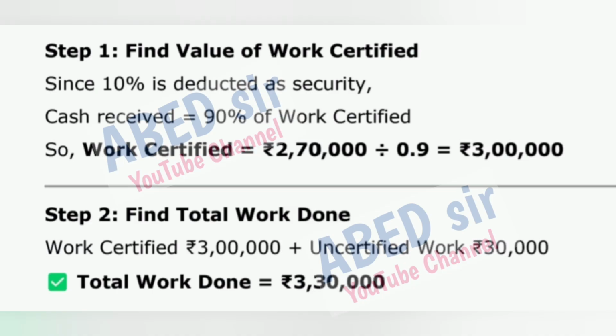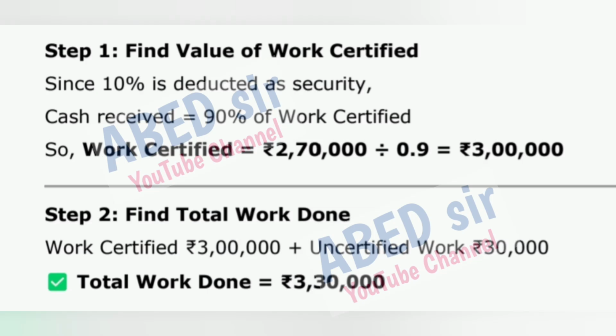Step 1. Find value of work certified. Since 10% is deducted as security, cash received is equal to 90% of work certified. So, work certified is equal to 2,70,000 rupees divided by 0.9 is equal to 3 lakhs rupees.